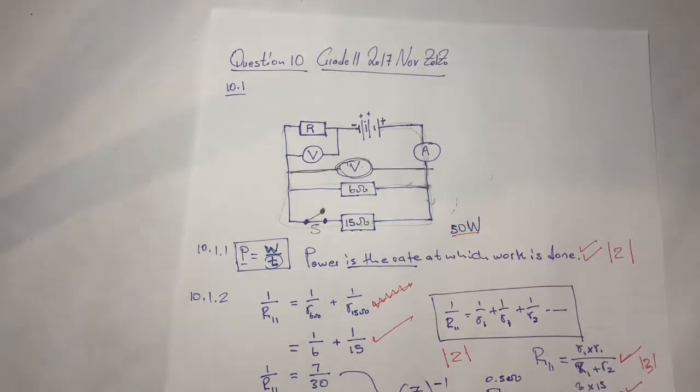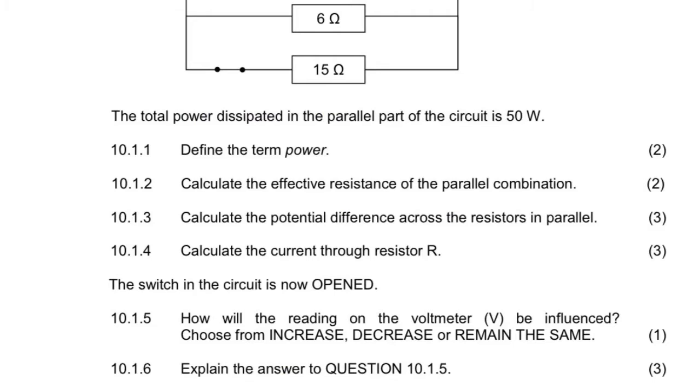Okay, let's move to question 10.1.5. Now remember, the switch is opened. The question says, how will the reading on the voltmeter V be influenced? You just choose from increase, decrease, or remain the same.